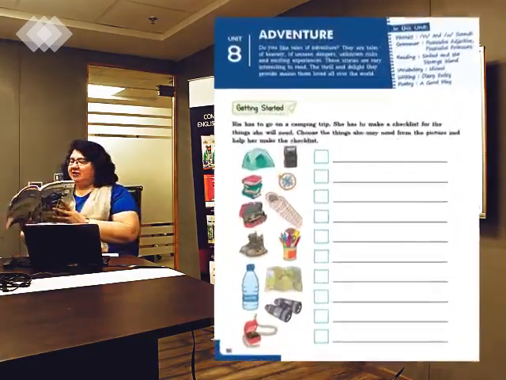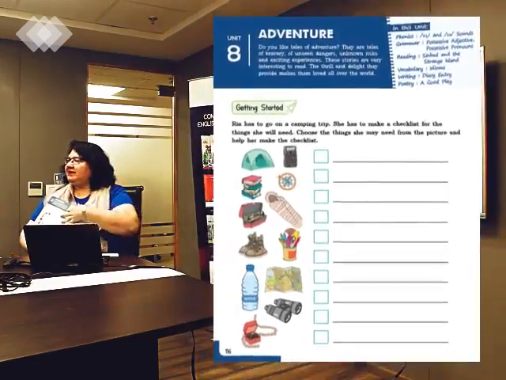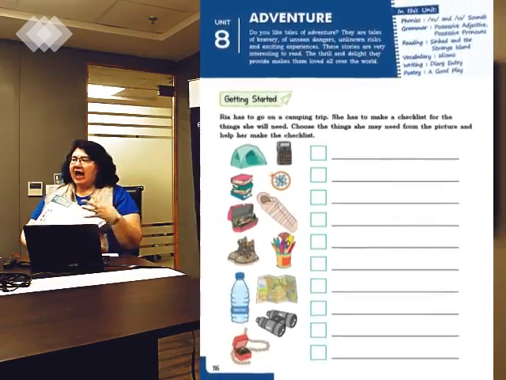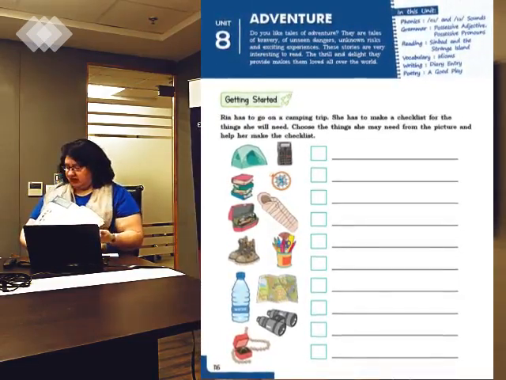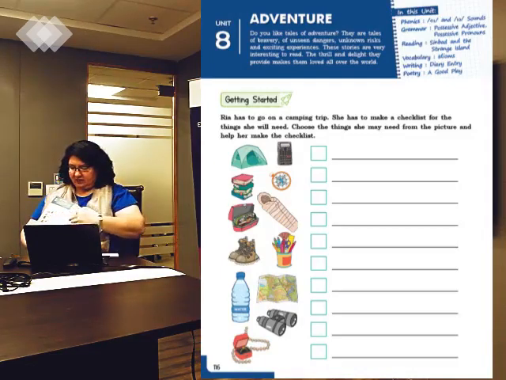So let's look at chapter 8. It begins on page 116. So our theme is adventure. So how do we show this theme? Well, here we start with personal adventure, something like camping. And we have all of these things related to camping.